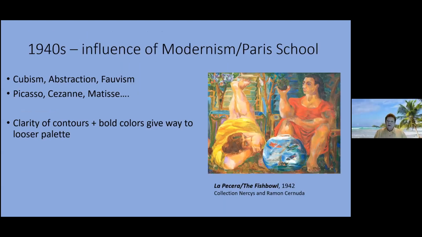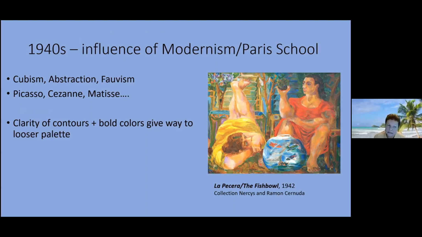In the 1940s, the influence of modernism in the Paris school emerges in his work, where we see elements of cubism, abstraction, fauvism. Picasso, Cézanne, Matisse appear in much of his work.